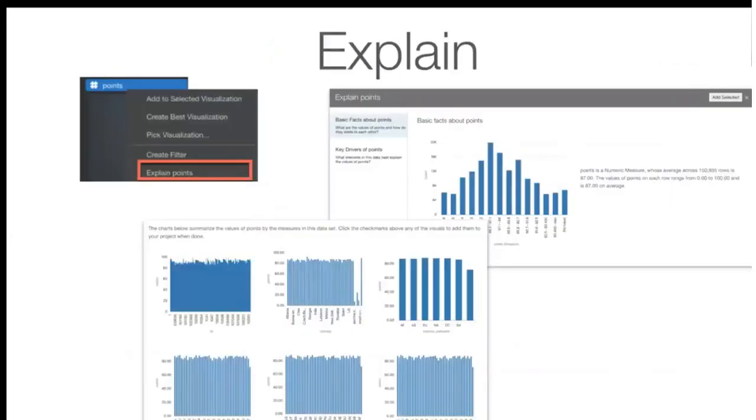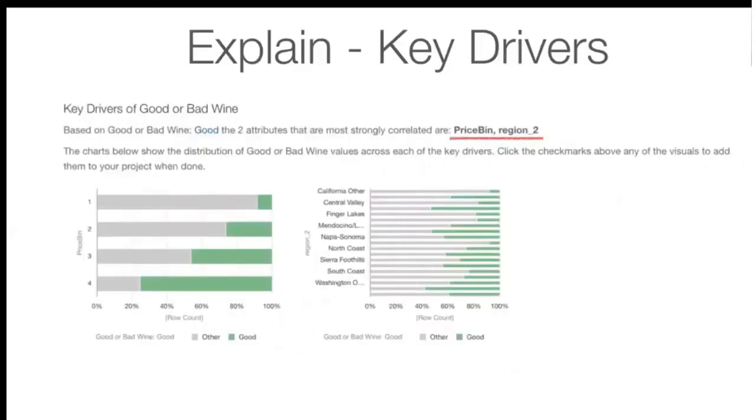On top of this, we can click on any column within our data set and say, explain me this column. OAC will immediately start generating some information on top of this column. It will show us the distribution of the column values for each of the other dimensions. And also it will tell us the key drivers.